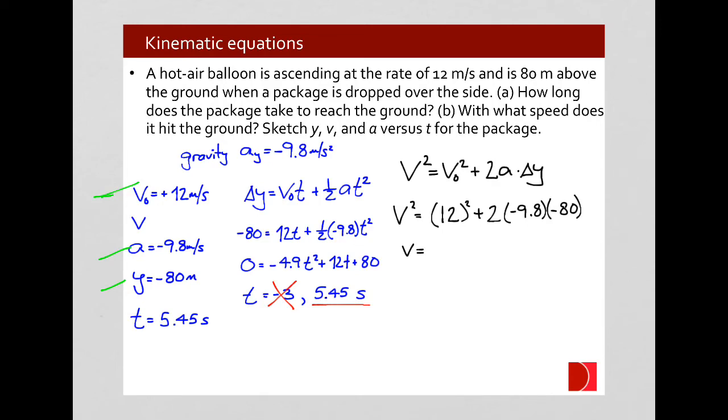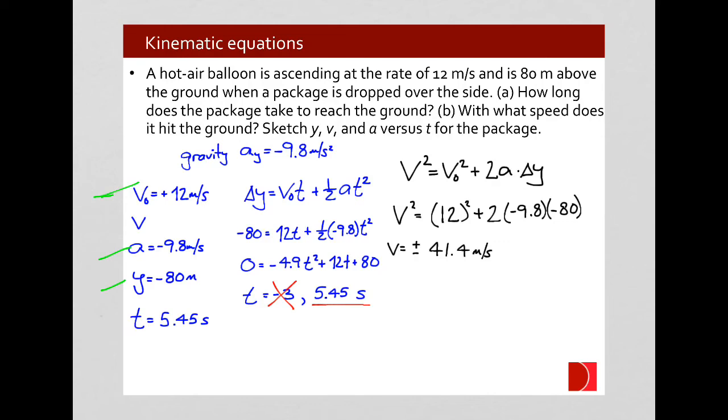We find that the final velocity is 41.4 meters per second. In fact, because we're taking a square root, the answer should be plus or minus 41.4 meters per second, because if you're taking the square root of a number, you don't know which one is correct.